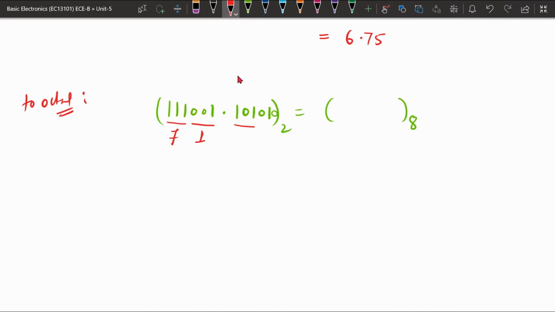So it will be 010, one pair. 101 is equivalent to 5, and 010 is equivalent to 2. So now the equivalent octal number will be 71.52.